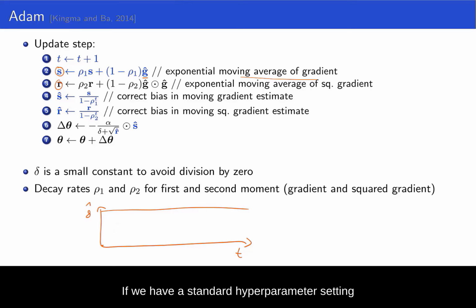But that is not actually what happens in practice. If we have a standard hyperparameter setting of rho 1 is 0.9, then at step 1, we actually have S1 equals only 0.1 times g hat. At step 2, the S2 is 0.19 times g hat, and so on.